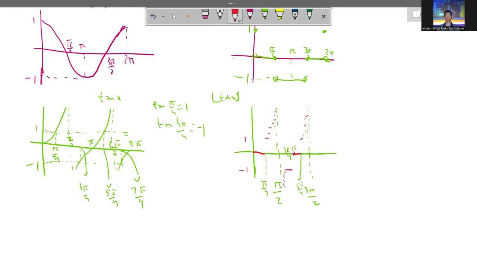And then don't forget the last interval here. This here is 7 pi over 4, and then you have, oh sorry, the shape of the graph would look like this.